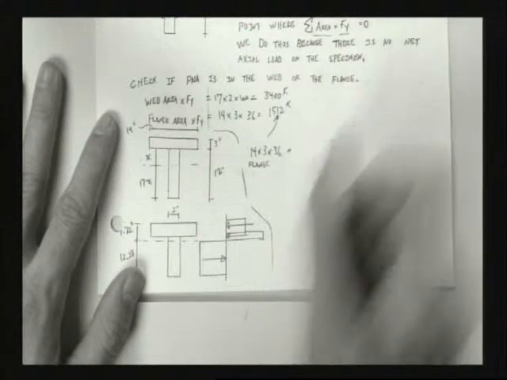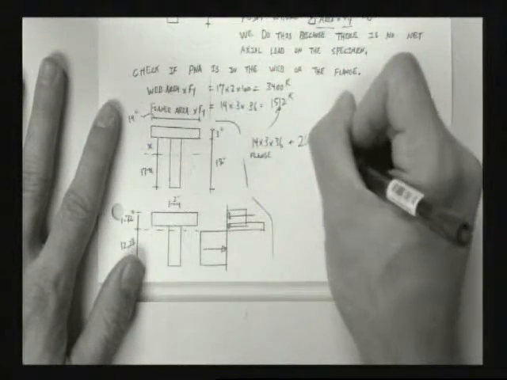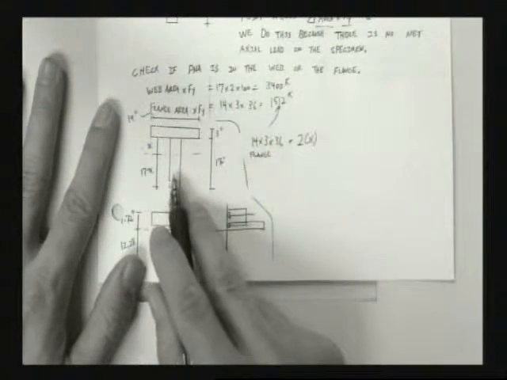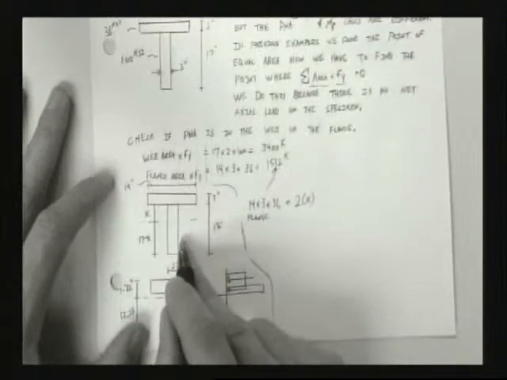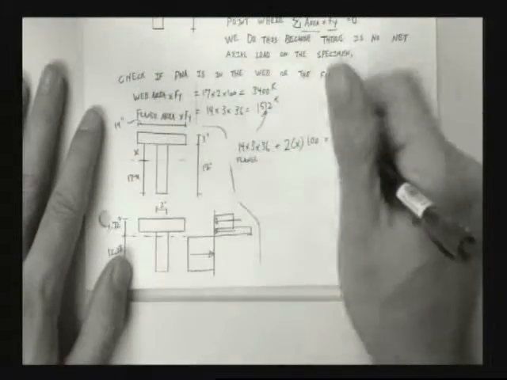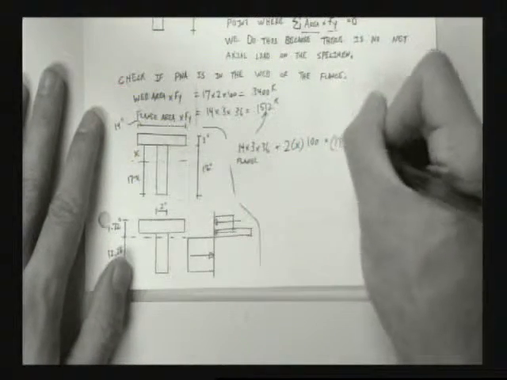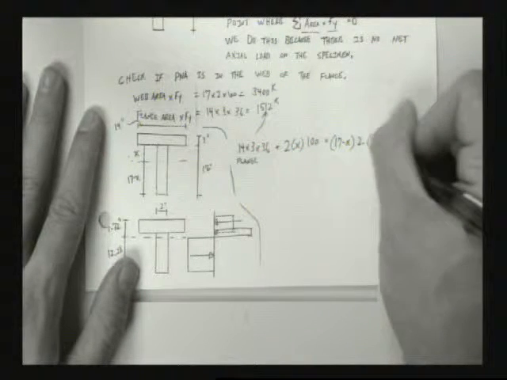And I'm going to add to it 2-inch width, x is my depth. What's my yield strength of my web? 100. And I want to set it equal to 17 minus x times 2 times 100.